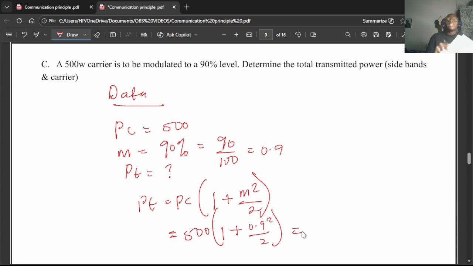So what do you think your answer will be after punching your calculator? You arrive at 702.5 watts. So finally, your final answer is PT is equal to 702.5 watts.